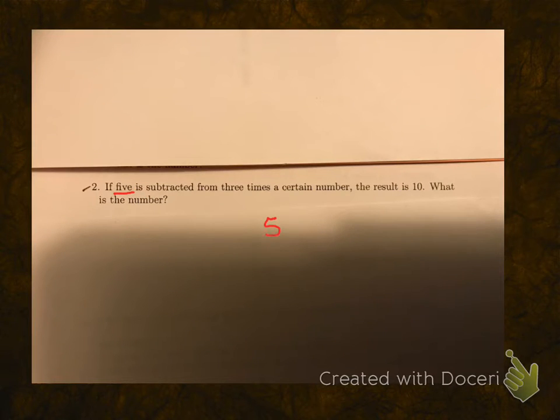Number 2. We're going to start with our 5. Subtracted from, we're going to put that right there in front of that 5. 3 times a certain number. So 3 times X. And the result being equals is 10.